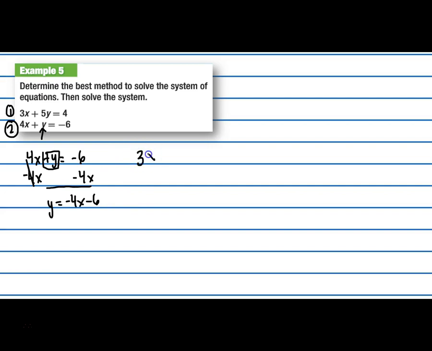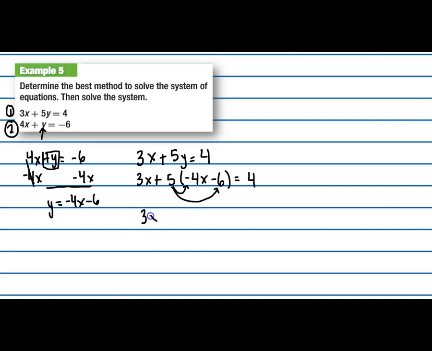So 3x plus 5y is equal to 4. 3x plus 5 times now -4x minus 6 is equal to 4. And as you see here, we're going to need to use the distributive property.